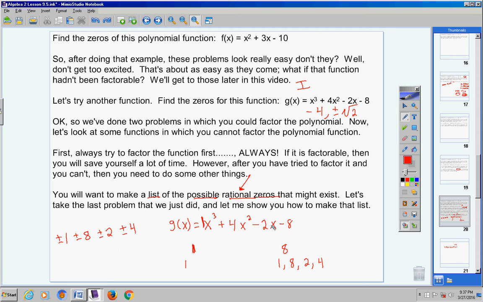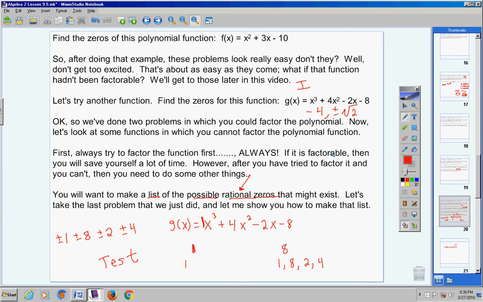If you can't factor this thing, you've got to make a list, and it's boring, it takes a while, these are long problems. Then you have to test each number until you see if it's a zero, okay? So these problems can take a while sometimes. Now, let's go over this for the third time. If it's factorable, then you factor it.